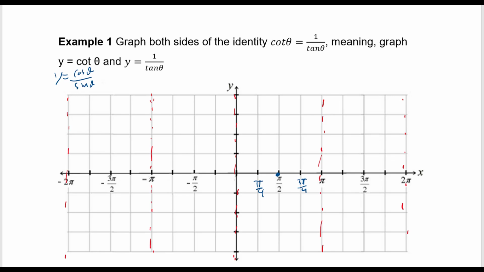Cotangent of pi over 4 is 1. So let me scale this up: 1, 2, 3, 4. Cotangent of 3 pi over 4 is negative 1. So it's going to be coming down like so, going across like that, and then the same thing here. These are standard values that we would know.